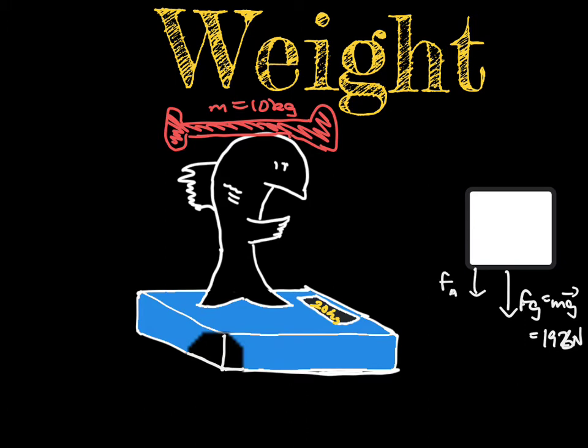Now there's an applied force by the bone pushing down on the fish, which is going to be equal to 98 newtons, which is that downward applied force, which is the mg of the bone. And because this fish isn't going through the ground, because of this wonderful thing called normal force, which is actually caused by electrostatic forces, protons, electrons, and so on, we have an Fn here, which is going to oppose these two in the downward direction.